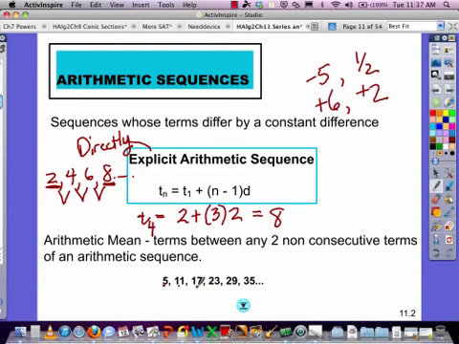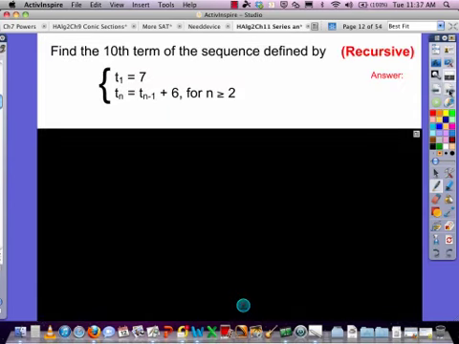If I said 5 and 35, they are not consecutive terms. So that means there are 4 arithmetic means between them. Okay? But we knew that 5 and 35 came from an arithmetic sequence. So that's going to help us find those other terms in between. All right, so with that, let's go and find out some of the problems we're going to do today.